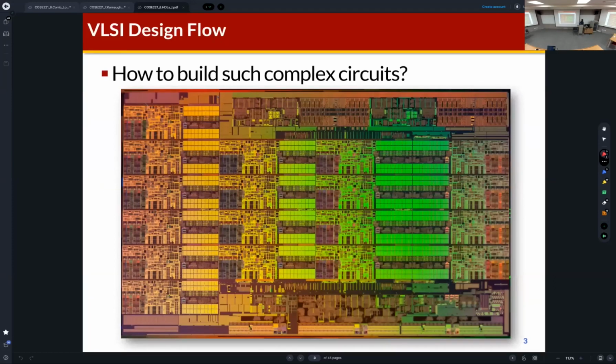What's this photo? This photo is the die photo of the Intel Xeon CPU. I explained that the Xeon CPU includes billions of transistors, which means that a single CPU chip is very, very complex. Then how can we design this large chip, this complex system?